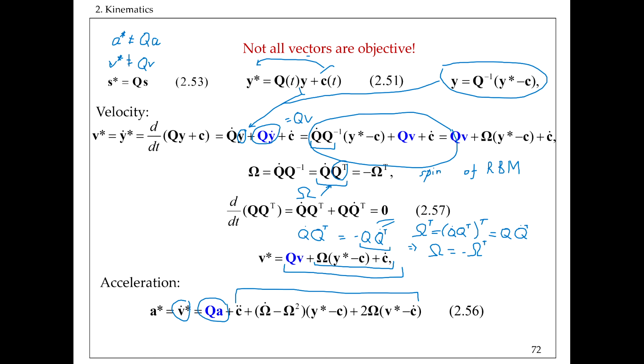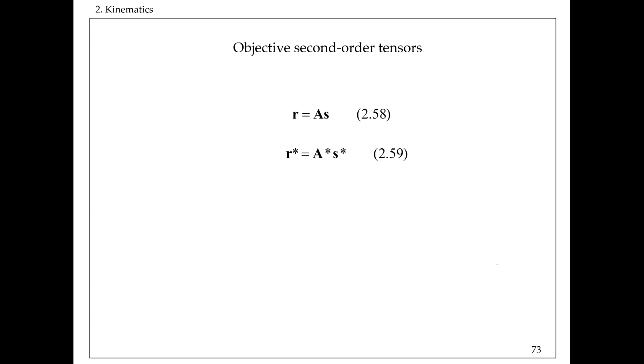Alright, so now after defining things and illustrating objectivity for vectors, let's go after second order tensors, and that's probably even more relevant for us. The motivation is to postulate the constitutive law that essentially will relate second order tensors such as stress and strain.